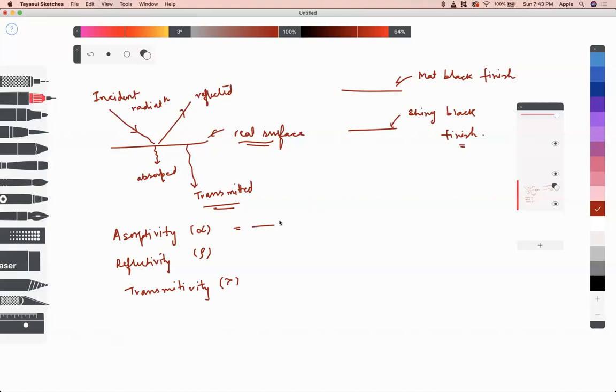So alpha is the amount of radiation absorbed by the amount incident.